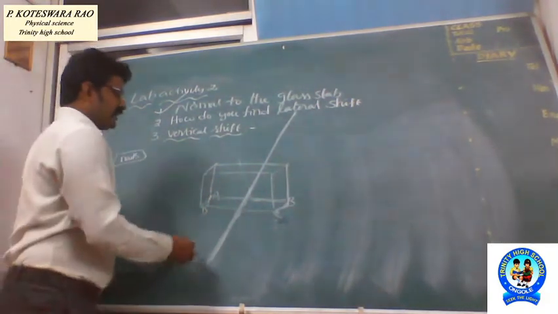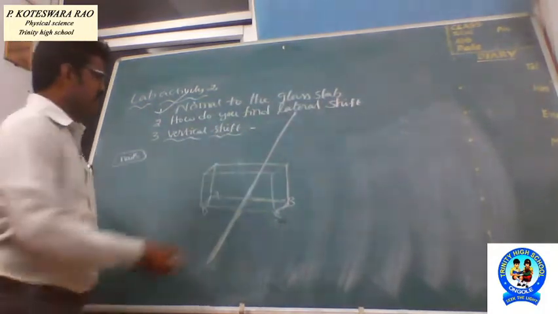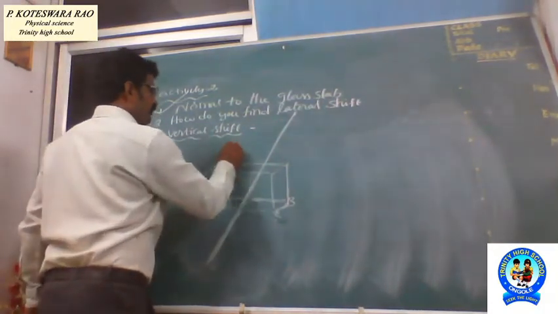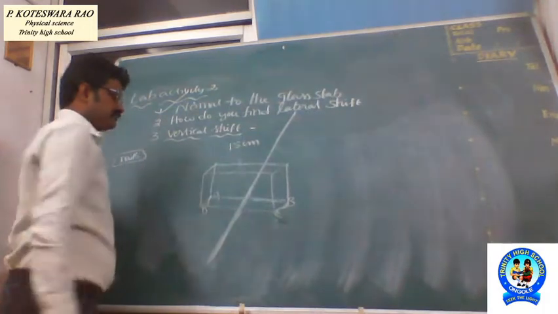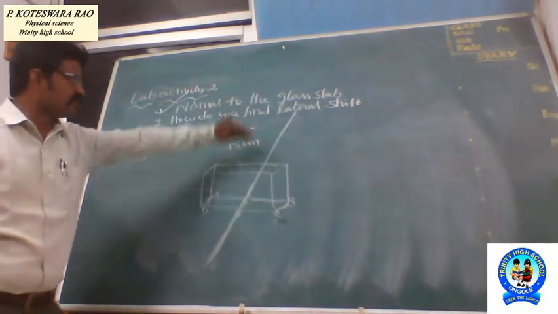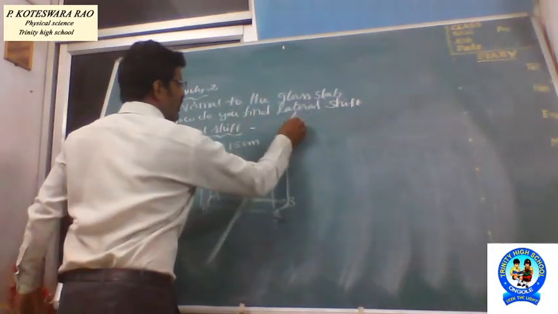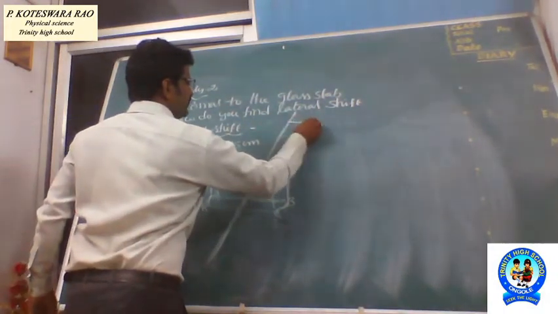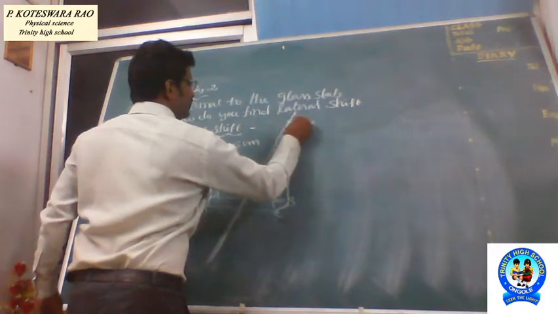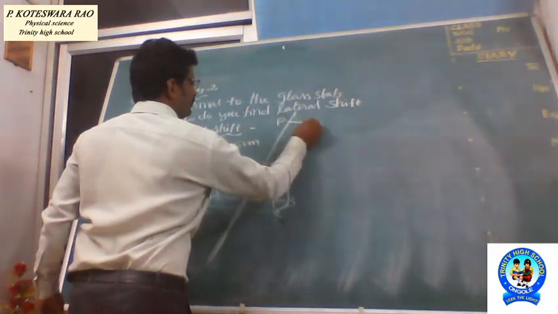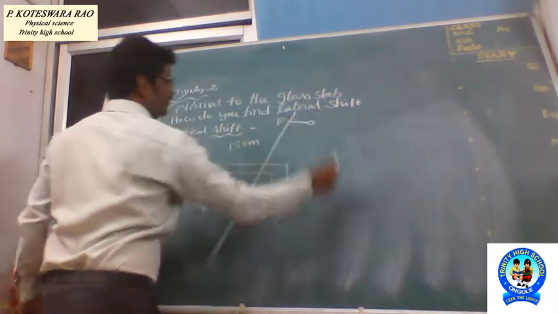One of the nails must be placed 15 centimeters from the glass slab. From the glass slab, 15 centimeters away, at that place we want to fix this iron nail at P.